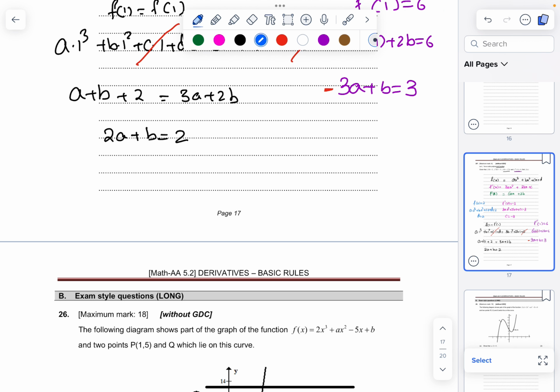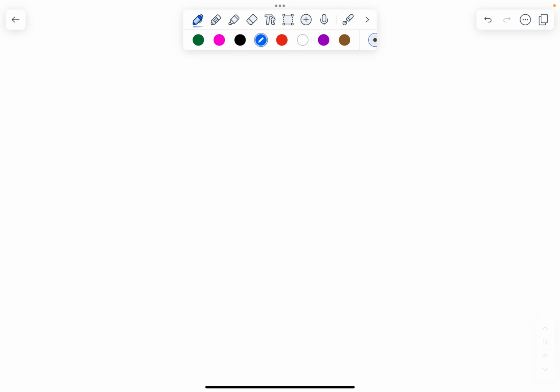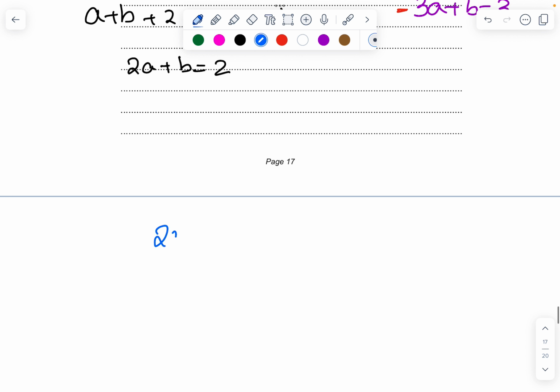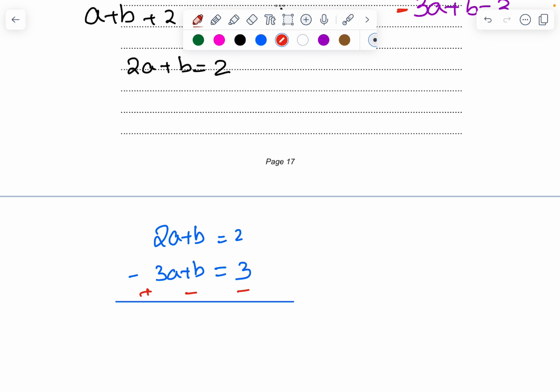I'll start in a new page, that will be better. So the first equation was 2a plus b equals 2, negative 3a plus b equals 3. Then I subtract both the equations. So 5a equals negative 1. So a equals negative 1 by 5.